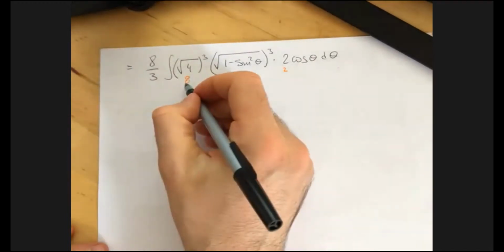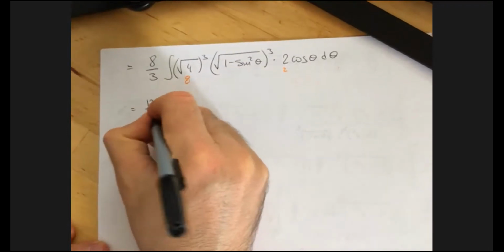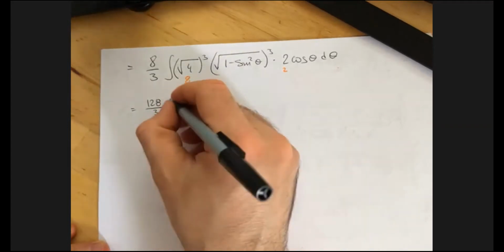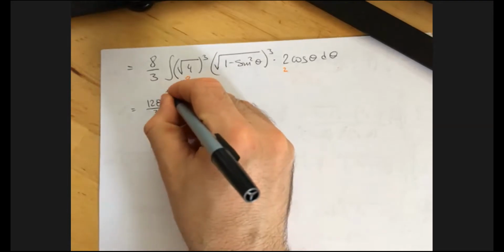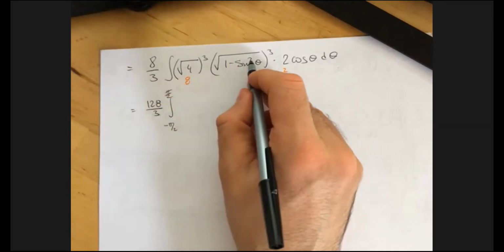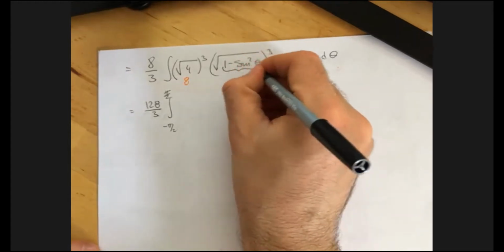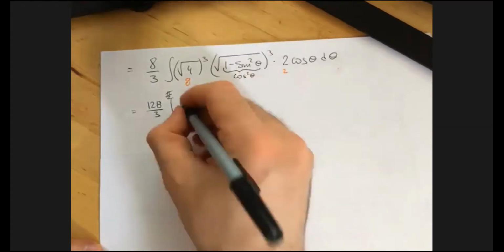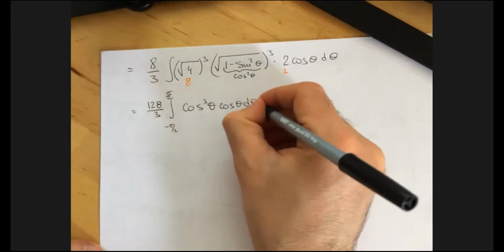So 8 times 8 is 64, times 2, 128. 128/3 times the integral of 1 minus sine squared, which is cosine squared. The square root of cosine squared is cosine, cosine cubed times cosine theta d theta.